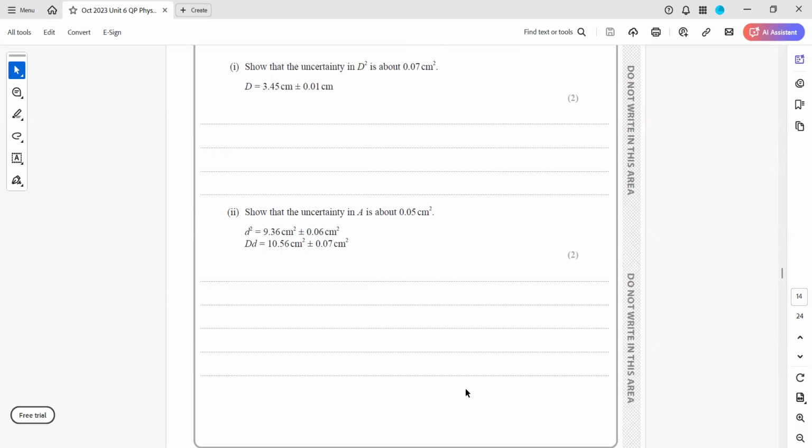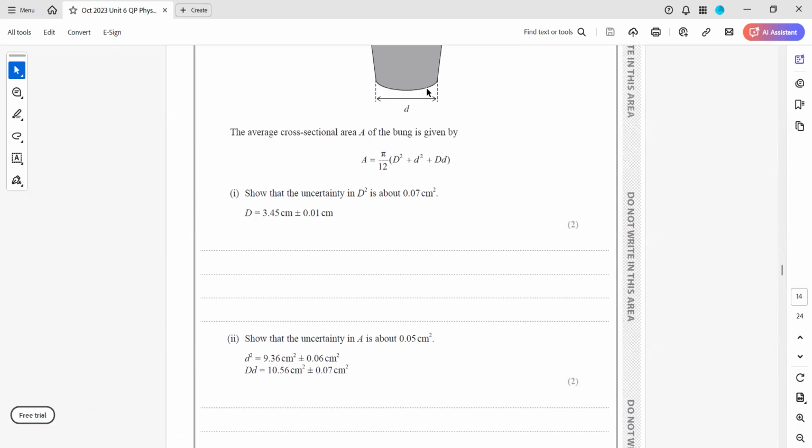Why do I square again? If you see, the percentage uncertainty in D square is the uncertainty in D divided by the value recorded into 100. So the percentage uncertainty was 0.579. The uncertainty we don't know. The value recorded is D square.